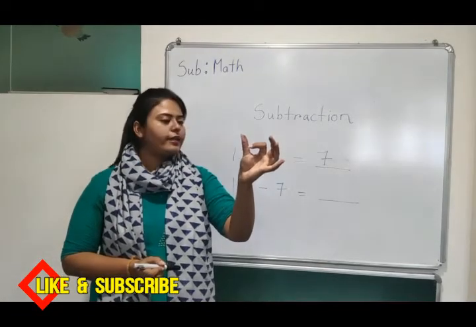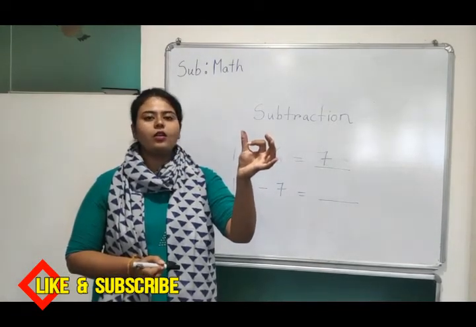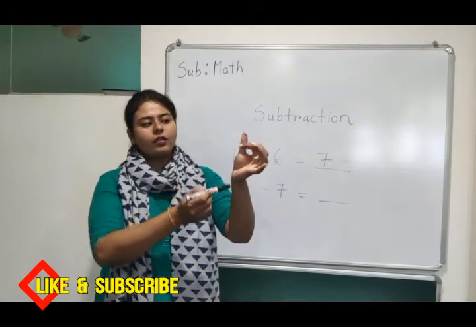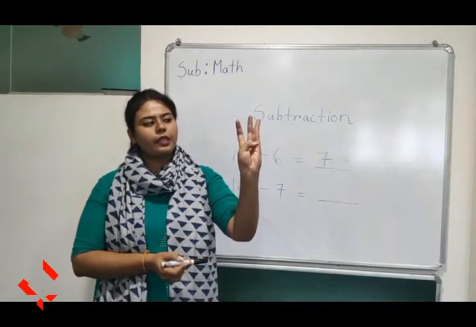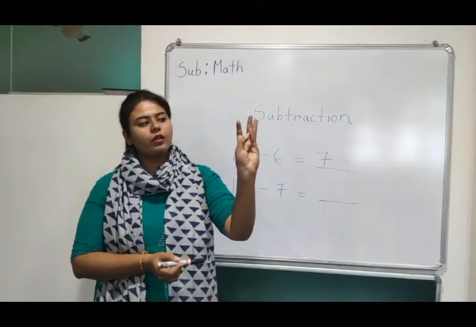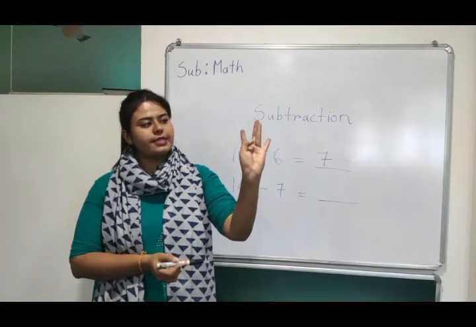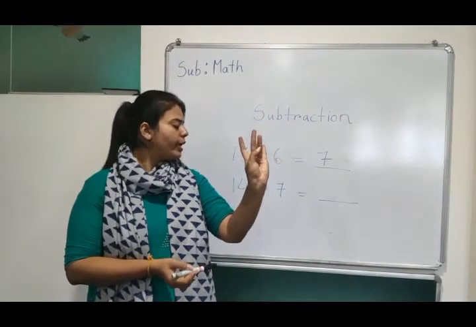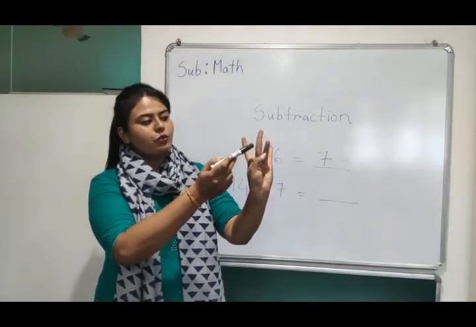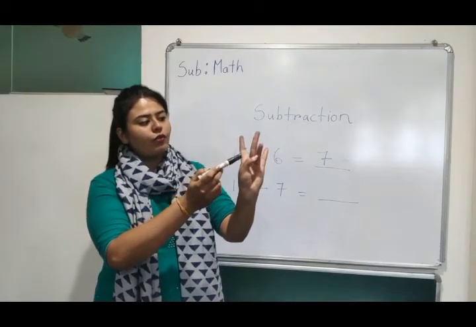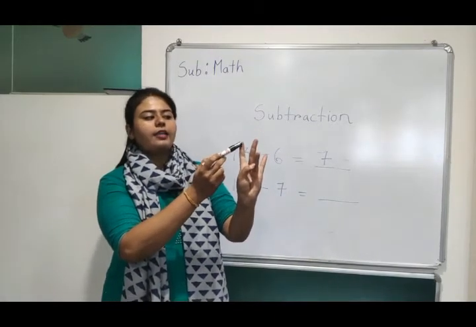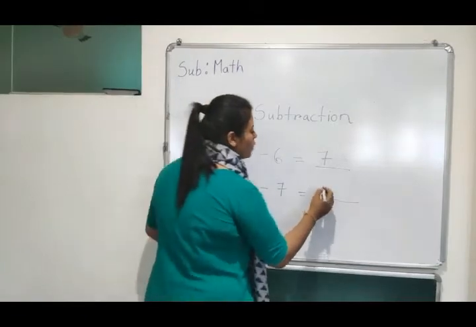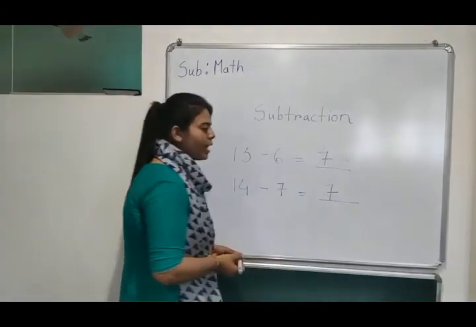Now I will minus 7. So I will go backward. 1, 2, 3, 4, 5, 6, 7. So how many are left? 1, 2, 3, 4, 5, 6 and 7. So our answer is 7.